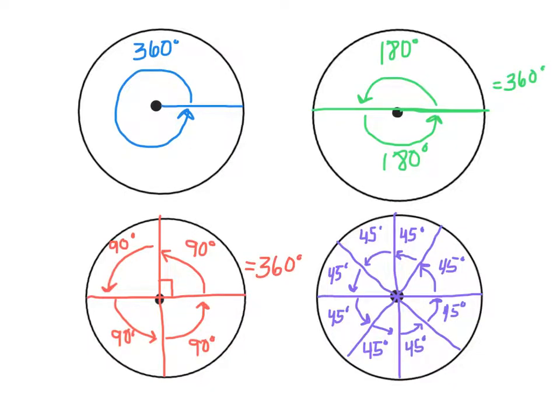So now we have 8 rotations, 45 degrees in each rotation. When we add this all up, we get 360 degrees.